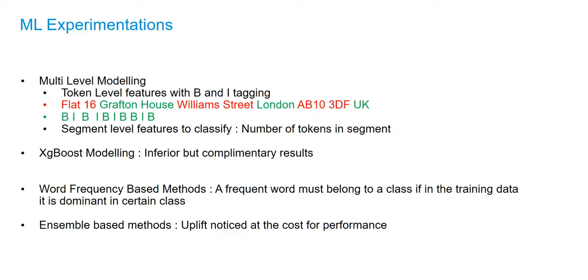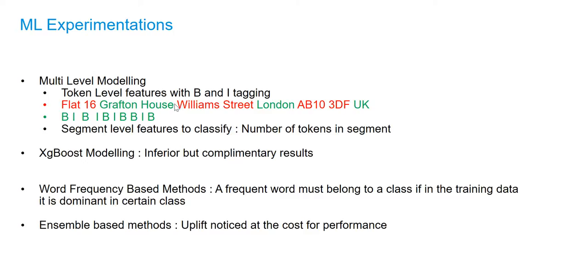Now, multi-level modeling was derived from the intuition that our initial model was identifying the boundaries of the classes really well. What I mean by this is, take the address on this slide: flat 16, Grafton House, William Street, London.